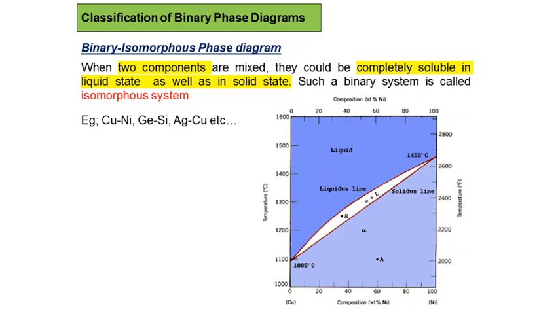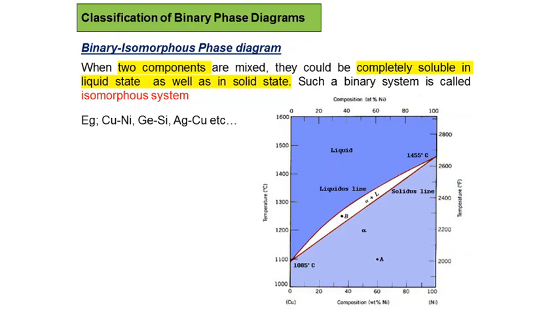Next you can see two lines. One line is a boundary between the complete liquid phase and the inner white phase, which is the liquid plus solid phase. So one boundary separates the liquid phase and the liquid plus solid phase, and another boundary separates the complete solid phase and the solid plus liquid phase.